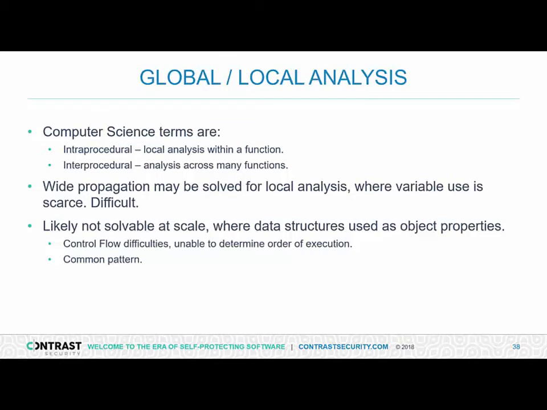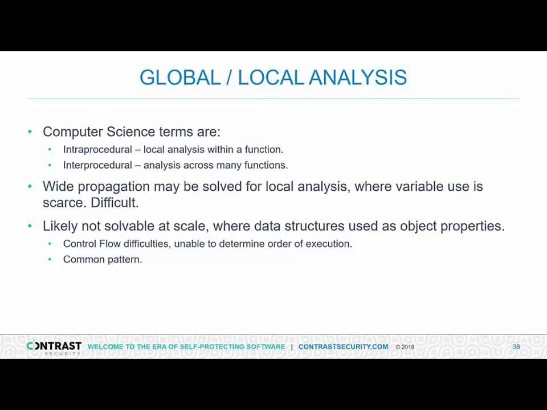This is a small area to look at, and interprocedural is something that's effectively across many functions or throughout an application. So for that wide propagation that we were talking about before of working through lists, sets, and maps and being able to taint things or know that a key is constant, that may be solvable in certain cases for this small local analysis where it's used in a very small subset.